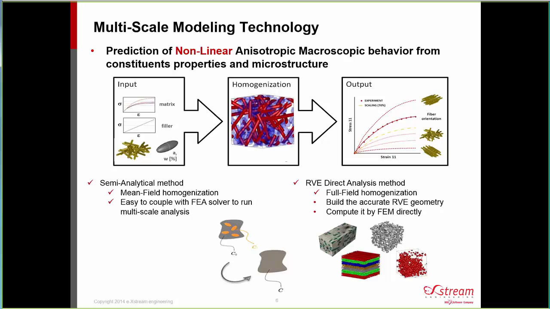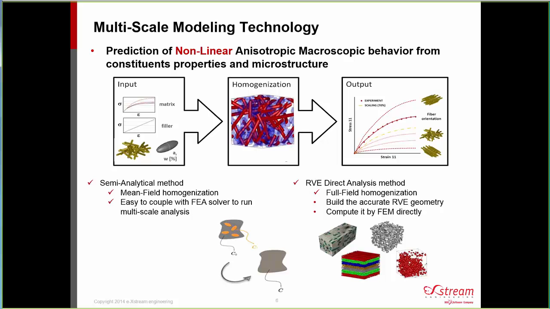It contains the properties of the matrix material, the properties of the reinforcement, whatever it is, short, long or continuous fiber, and also the microstructure description: how the fibers or reinforcements are organized in the matrix, the shape of the reinforcement, for short fiber the aspect ratio for example, and of course the volume fraction.